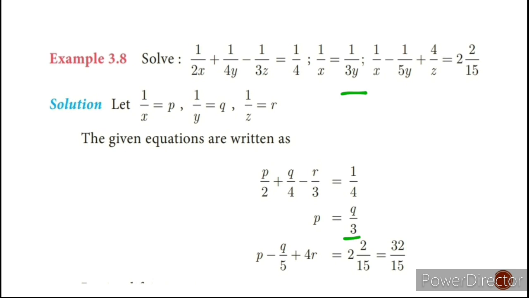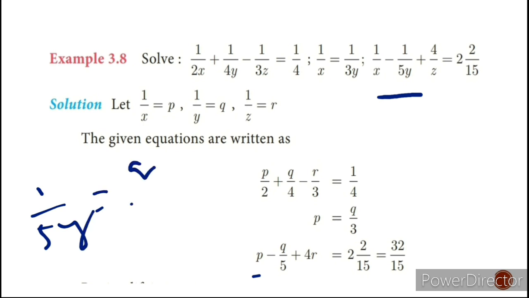Next, take the third equation. 1 by x can be written as p. Then 1 by 5y: here 1 by y is q, so q by 5.